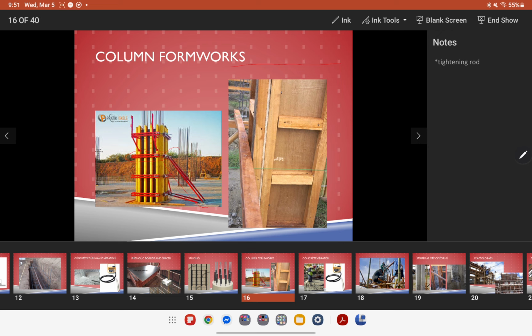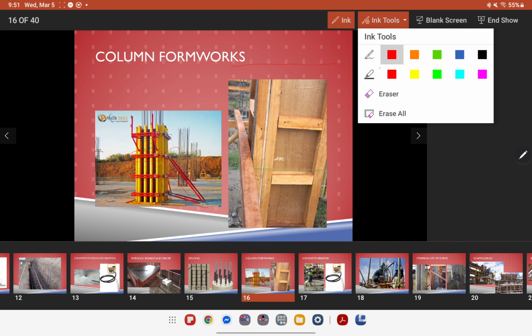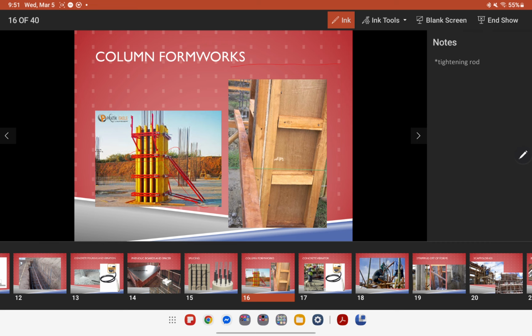Okay, so from the top view, the formworks will look like this. Let me try to draw. Hold on, let me try.